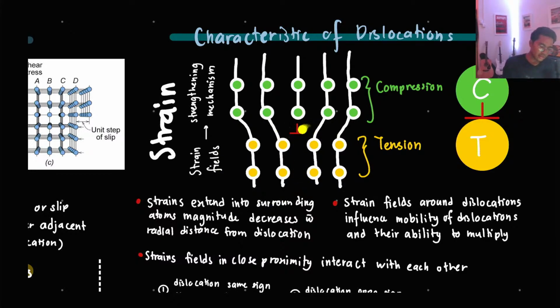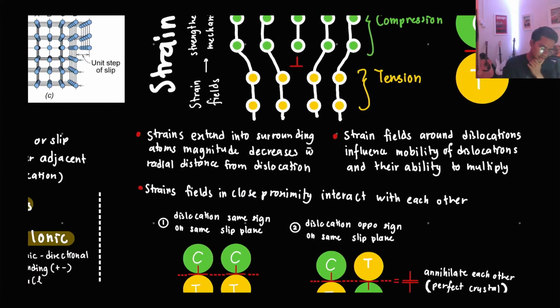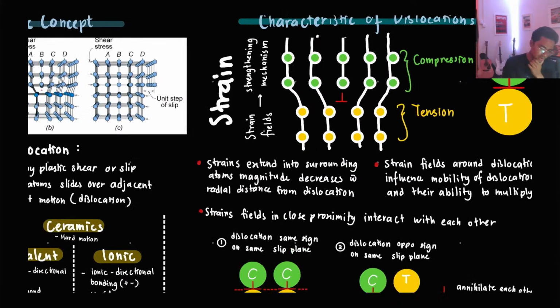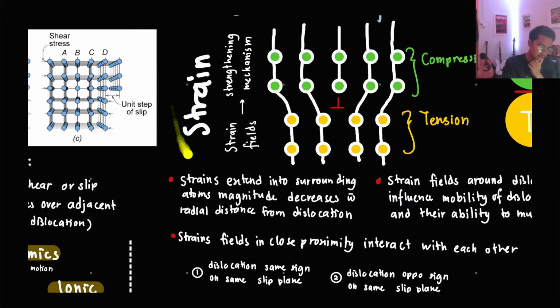So in the middle, we call this a dislocation point. The above plane faces compression, the below plane faces tension. Okay, so this compression and tension creates strain fields.